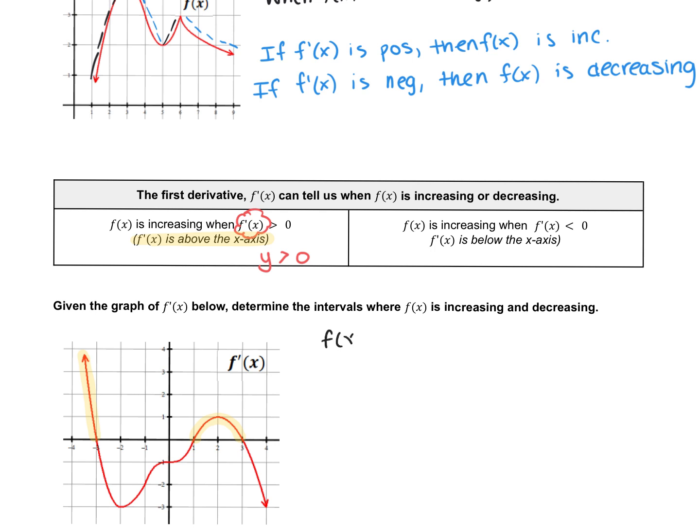So f of x is increasing when f prime of x is completely above the x-axis. So let's write down those intervals. It's above the x-axis from x equals negative infinity to negative 3, and union from 1 to 3.